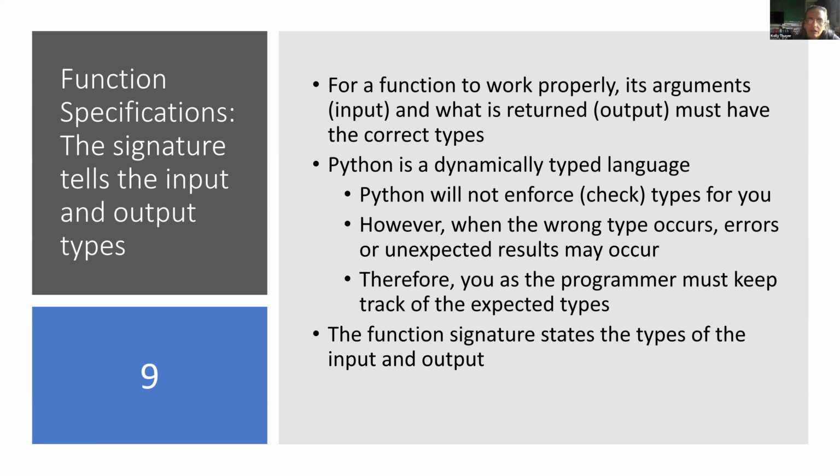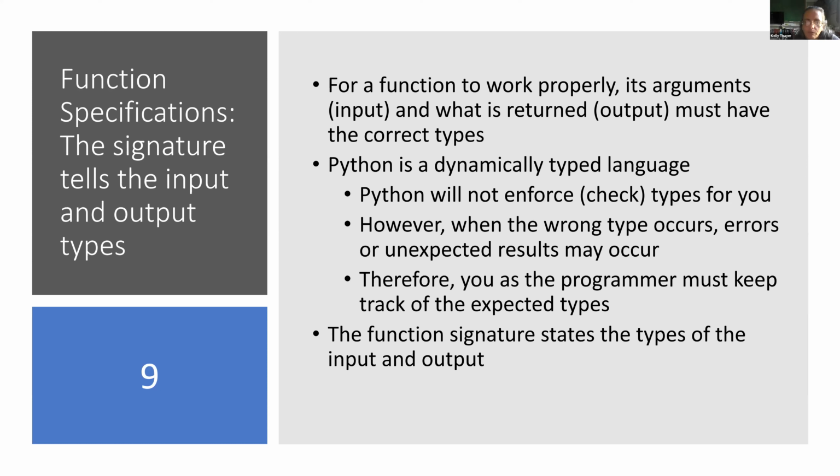Python is a dynamically typed language. This means that Python does not check that you actually gave it the type that you said you did. It just assumes that you know what you're doing, and Python's not going to say anything about it until an error occurs. But something could already be going wrong and you just wouldn't know it. So this is why we want to have the type specified so that the user knows what kind of input they should be supplying and what kind of output they can expect.